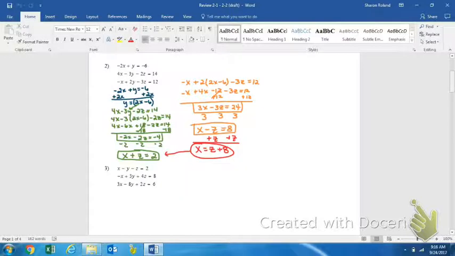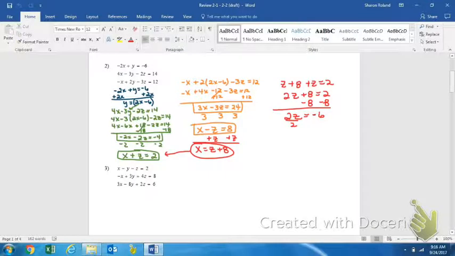So let's come over here, and I'm going to rewrite that x plus z. But I'm not putting x, I know it is z plus 8, plus z equals 2. And so that's 2z plus 8 is 2. Subtract 8 from both sides, and you have 2z equals negative 6.